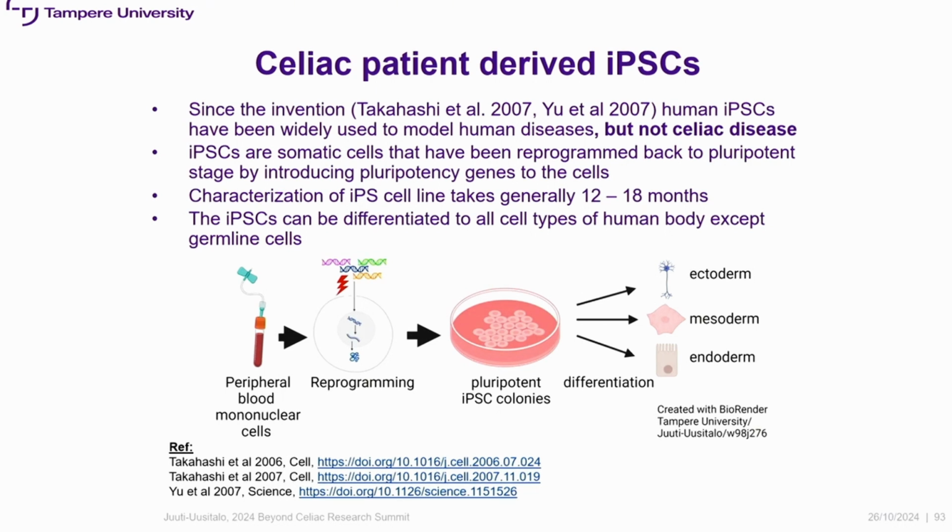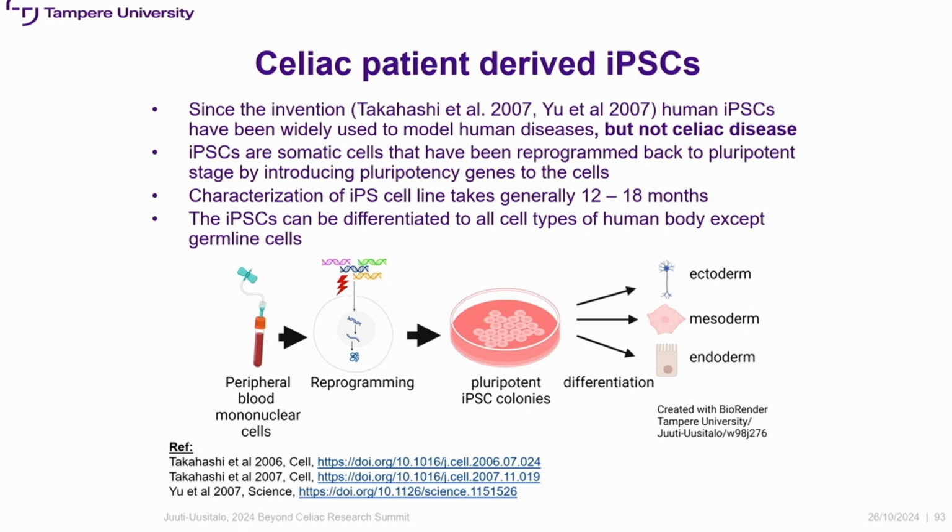Since the invention of Yamanaka and Thomson groups, the iPSCs have been used very widely, but not in celiac disease. So the iPSCs are the cells which are derived from the somatic cells. Somatic cells are all our cells which are not the germline cells, so sperm and egg.